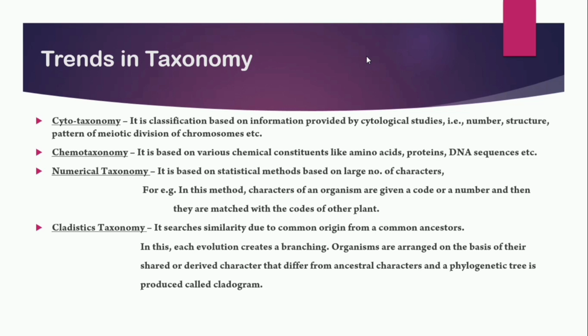So a phylogenetic tree is made, and this tree is known as a cladogram. You will learn about cladistic taxonomy later in evolution if you are in 10th or 11th class, or if you are in a higher class, you have learned about evolution at school level or in 11th class.